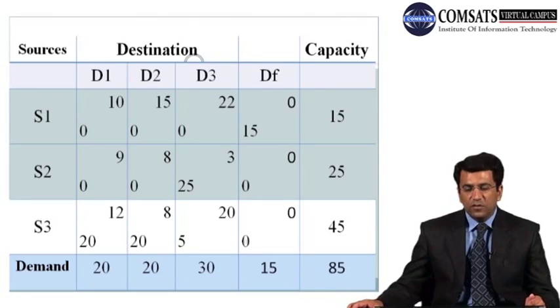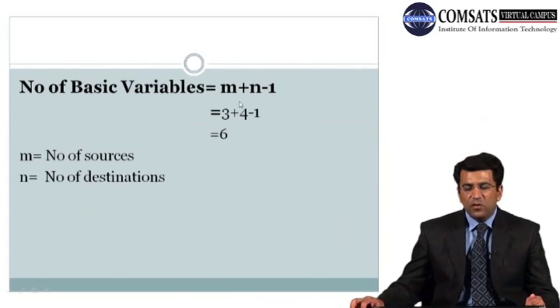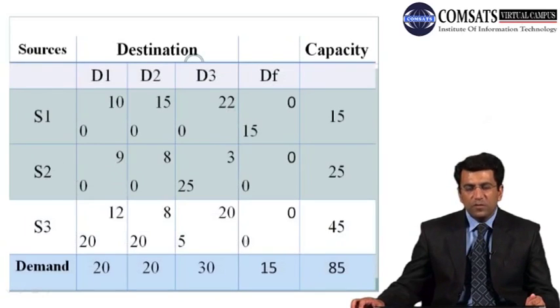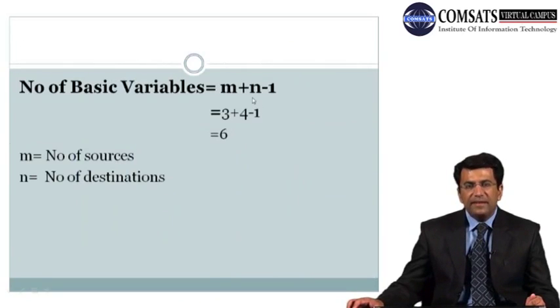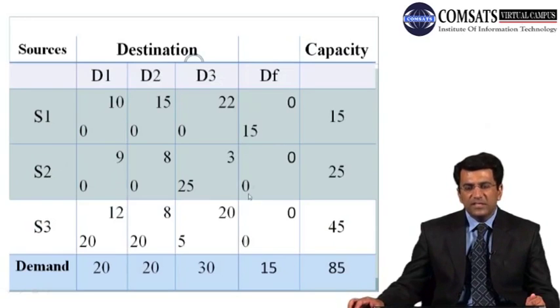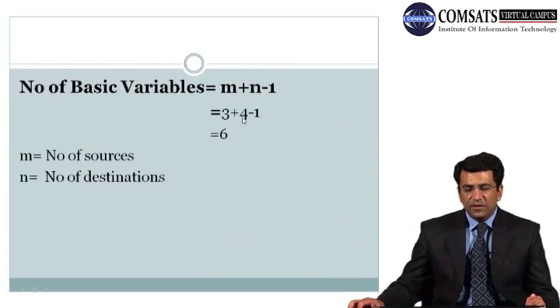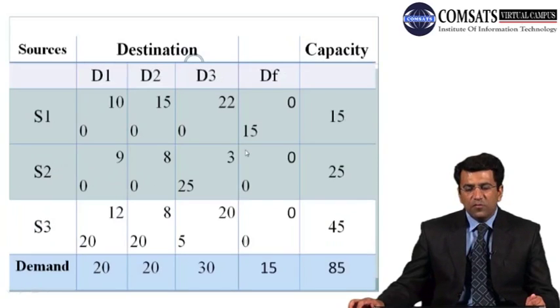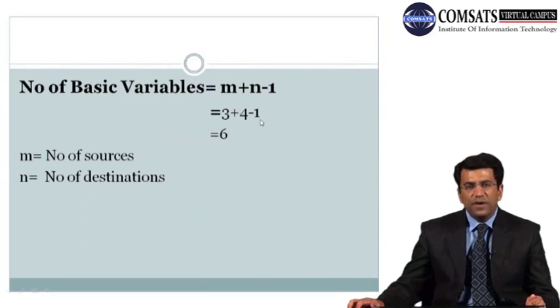But before doing this, we'll have to find the value of m plus n minus 1, where m is the number of rows or the number of sources, and n is the number of columns or the number of destinations. Now there are 3 rows and 4 columns, because we have already added a column, that is the dummy column, so 4 columns. 3 plus 4 minus 1 is equal to 6.